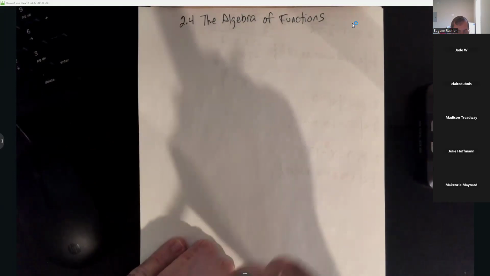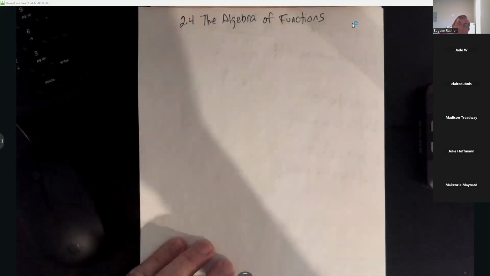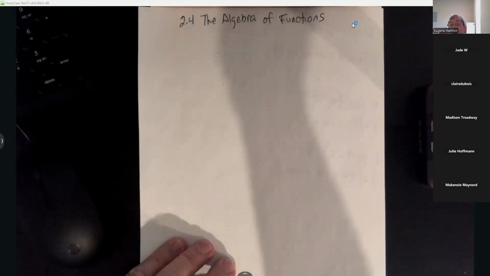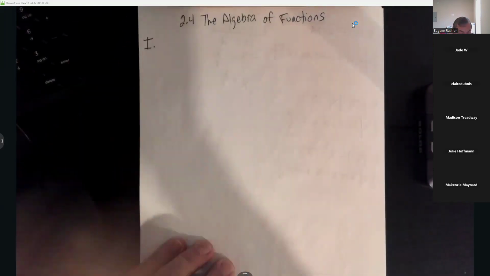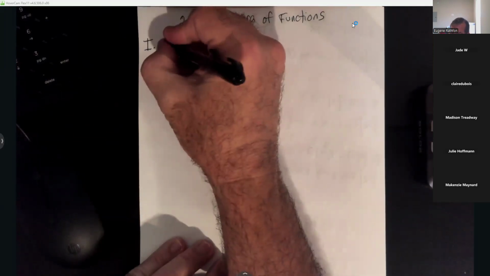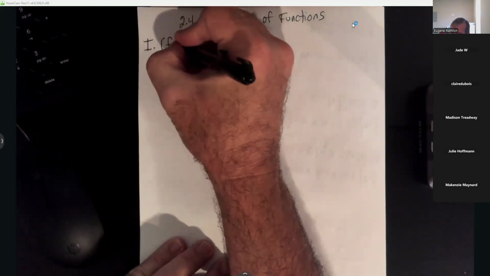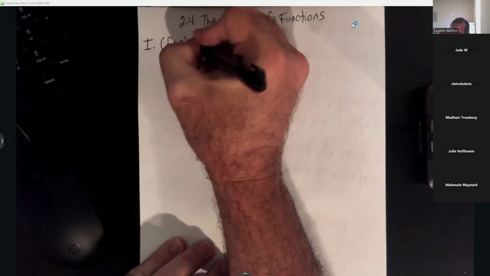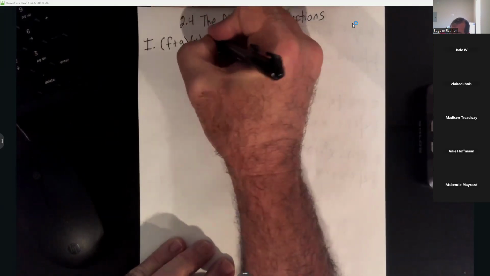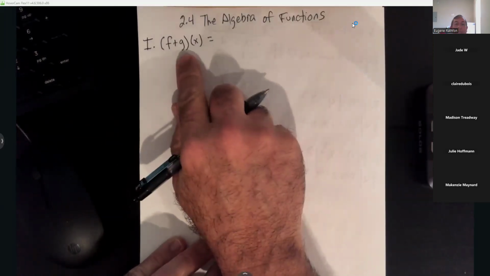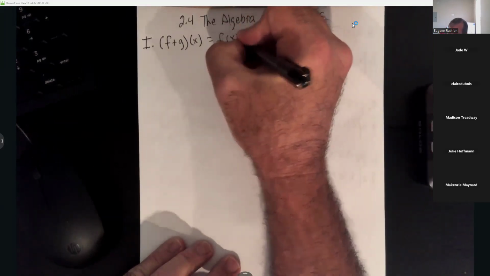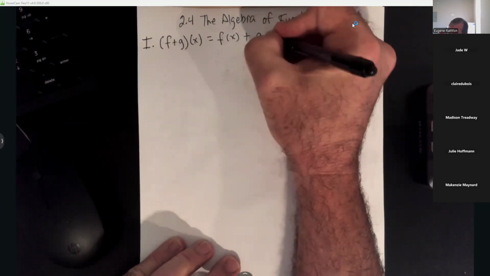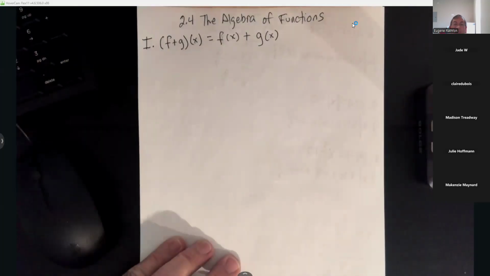And there's four functions I'm worried about, or four, what do you say, operations we're worried about here. The first one is f plus g of x. F plus g of x is f of x plus g of x.